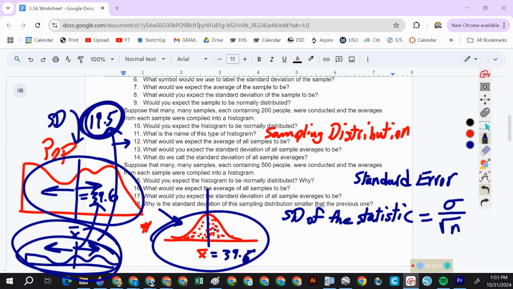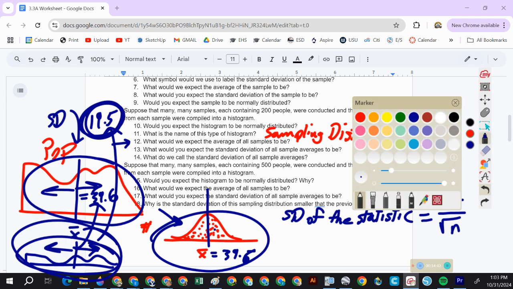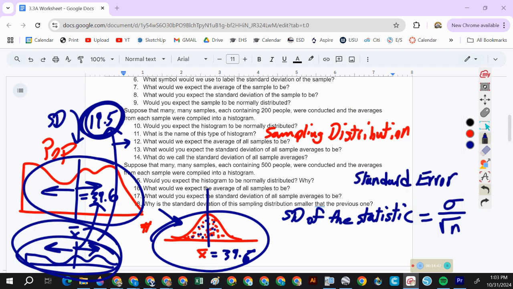So the standard deviation of the sampling distribution is going to be 19.5 divided by the square root of 200. Now, n, is n the number of dots in this? No. What is n?